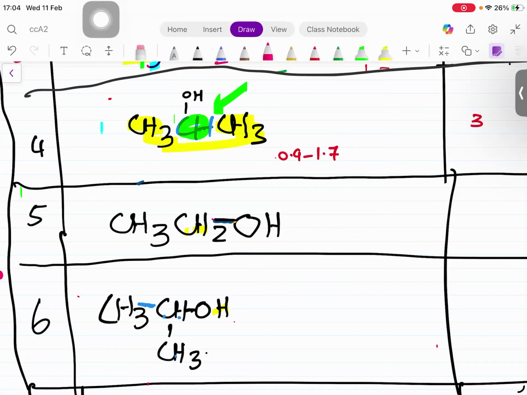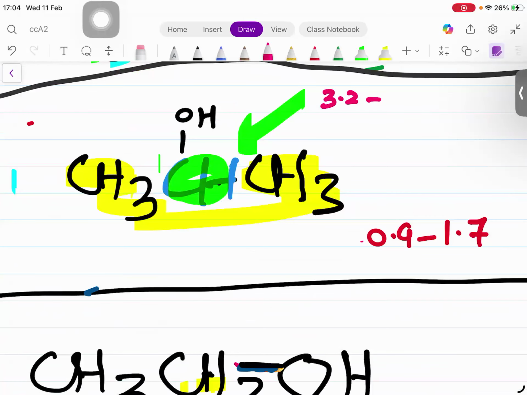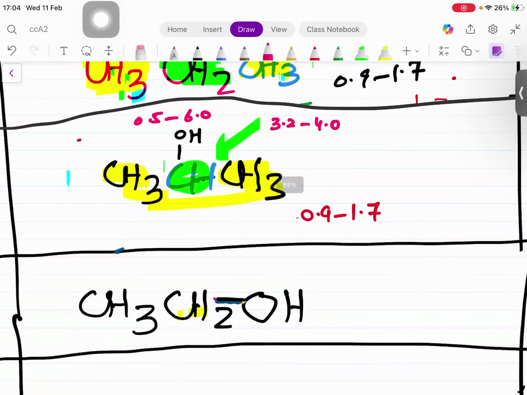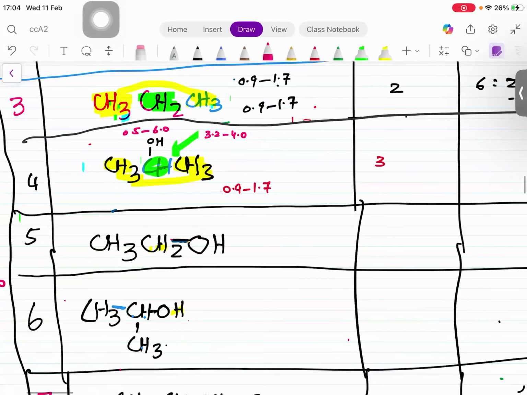The hydrogen next to O, as I showed you in the data above, is 3.2 to 4. And the OH has its own separate peak, anywhere between 0.5 to 6. So there will be 3 peaks, and the ratio will be 6:1:1, meaning 6 hydrogens toward 1 peak, 1 hydrogen, and then 1 hydrogen. Anyway, 1:1:6 or 1:6:1 or anything.